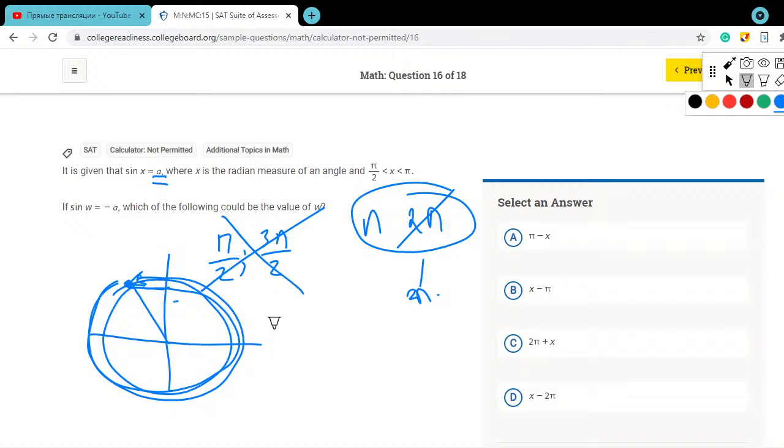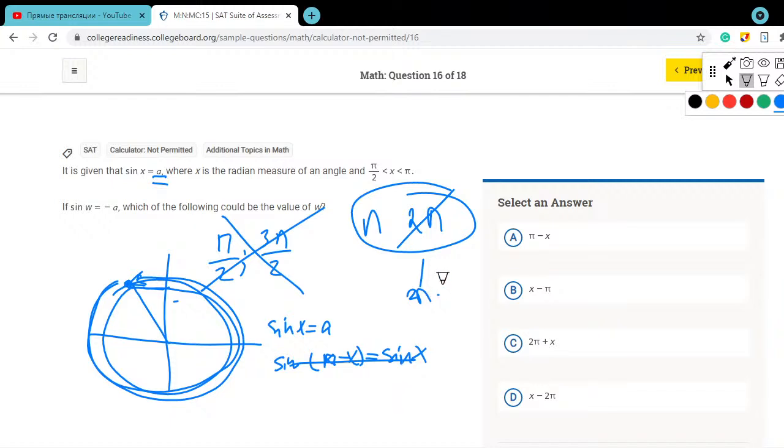So you can write sine x equals a, or you can write sine of pi minus x, it would be sine x, I guess.